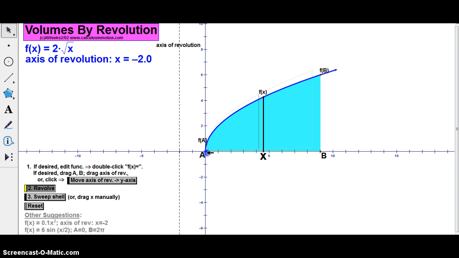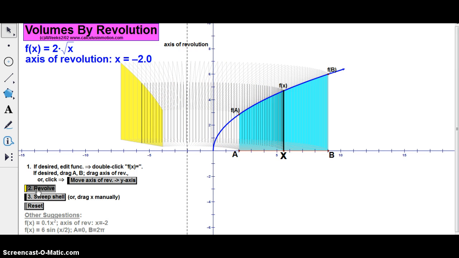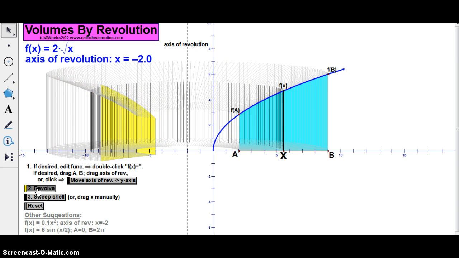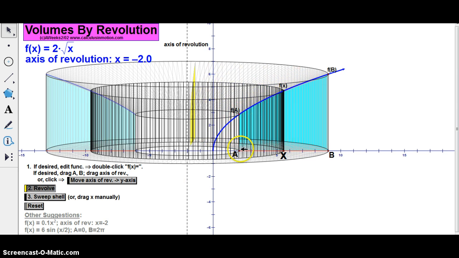If we drag the a value and make it from 2 to 9, you'll see that when it revolves, it's going to have a hole in the middle because of our a values. So this is the shape being rotated around the y-axis.